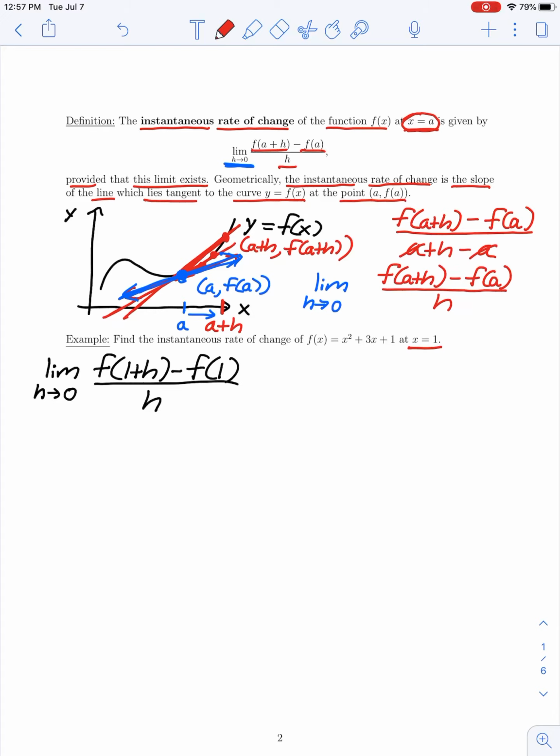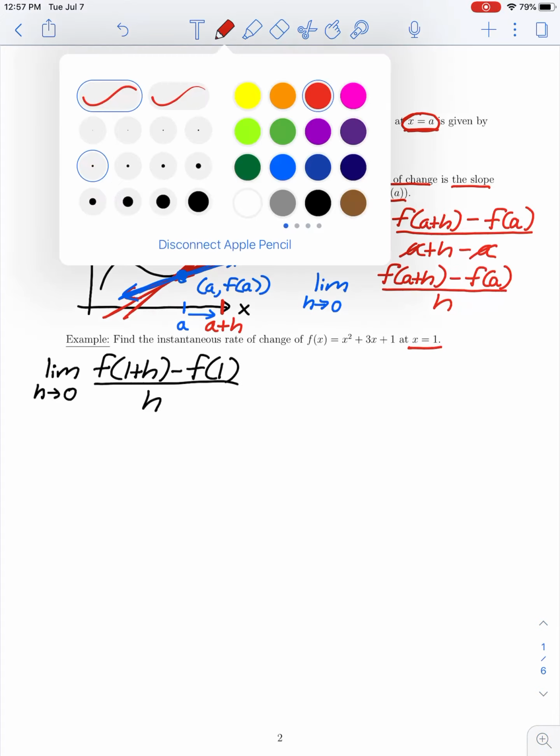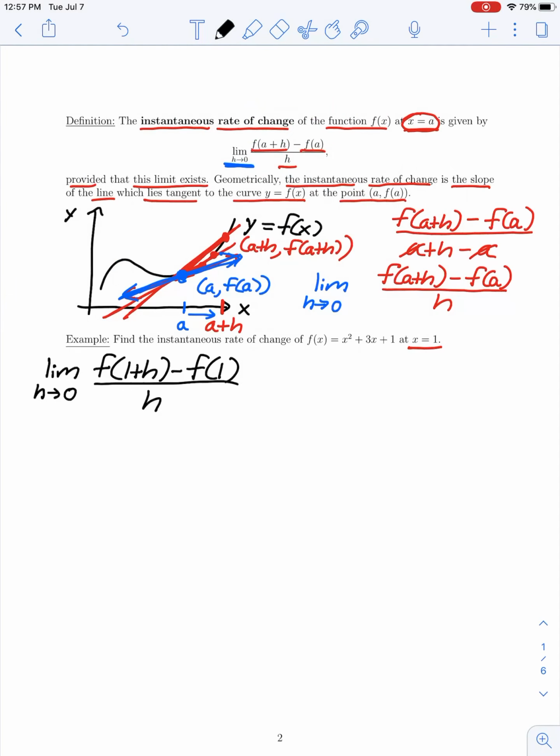So let's see if we can evaluate this. Here we're looking at the limit as h approaches 0 of f of 1 plus h. So we're going to take our function f of x, and everywhere we had an x, we replace it with 1 plus h.